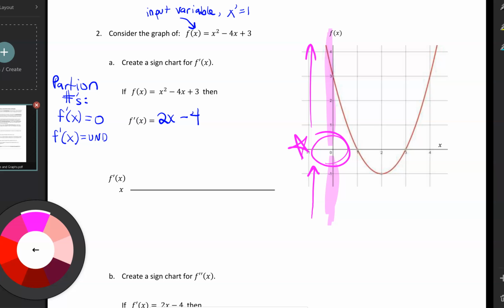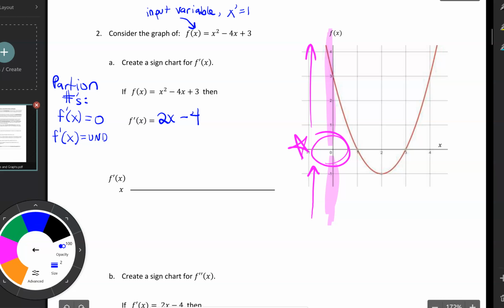It might not. You might have a case, you remember from algebra, where you have a graph that bounces off, it hits 0, but you're going to have positive outputs on one side, it's going to hit 0, and you'll have positive outputs on the other side. So having a partition number doesn't guarantee your signs are going to change from positive to negative. It just means there's a chance they might. So we put them on this sign chart to help separate positives from negatives, or potentially separate positives from negatives.